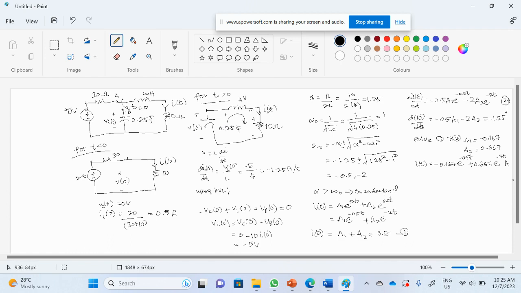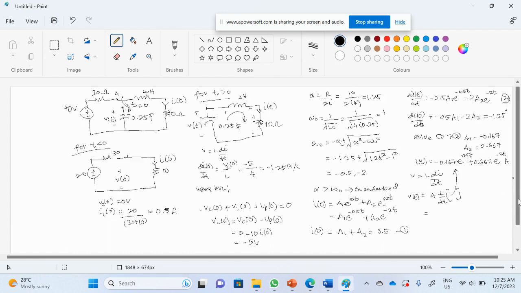Okay. So, once you have the current, this is the current that flows through the resistor, capacitor and also the inductor. So, you can use the equation V equals L di dt for the inductor, so you can find V at the inductor. L is 4, differentiate your I over here.